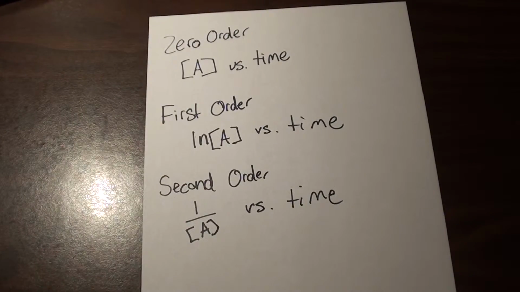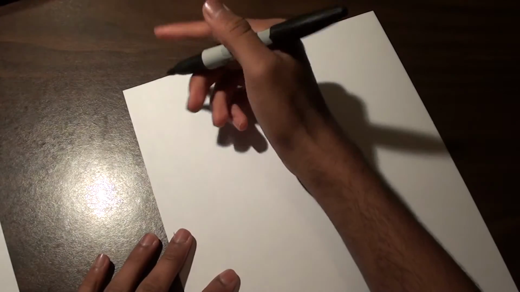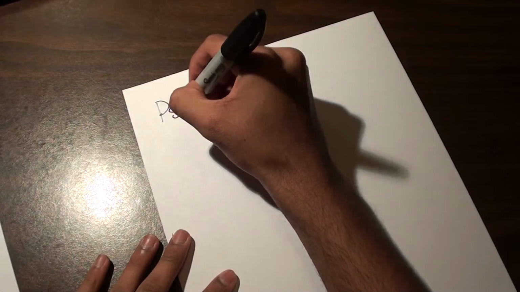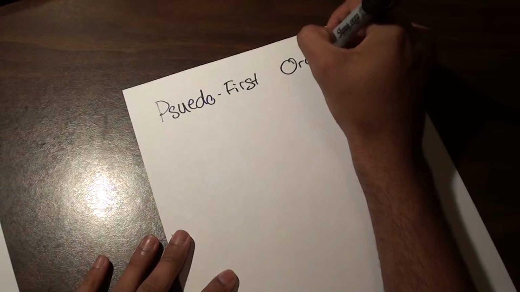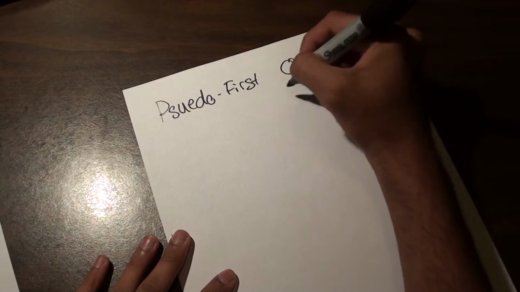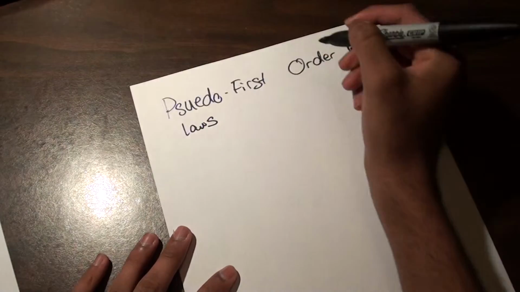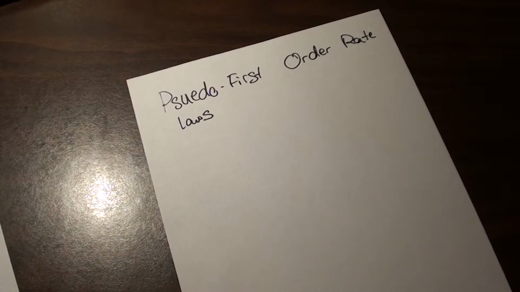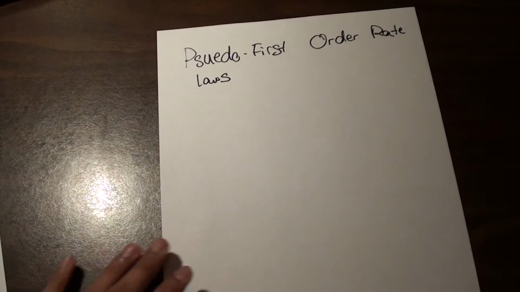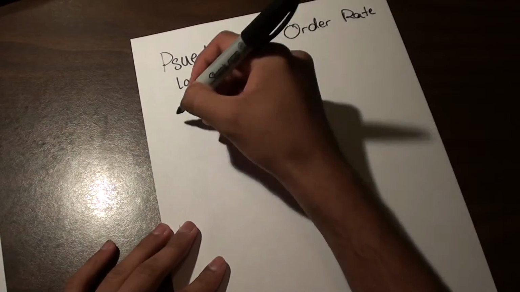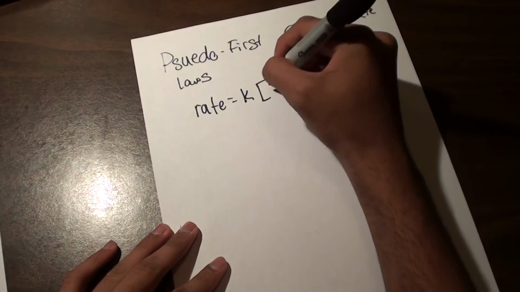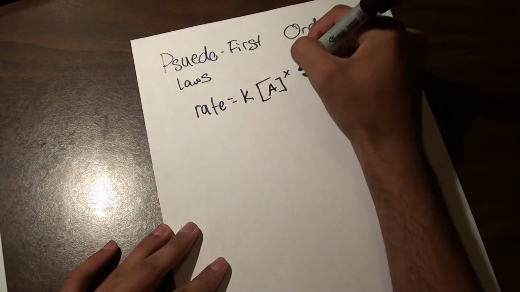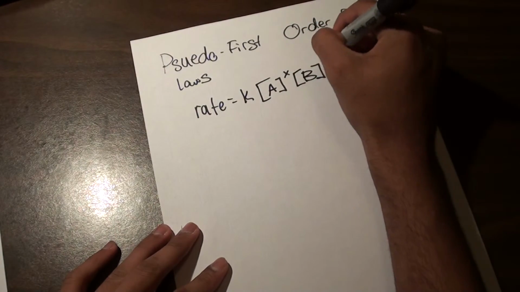So the last thing I want to talk about is pseudo first order rate laws. This will also come in handy later during senior year, and I'm sure during higher levels of chemistry. So let's say you have rate equals k times A to the x, B to the y.